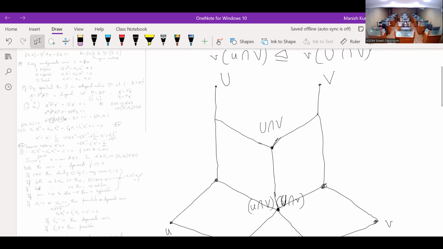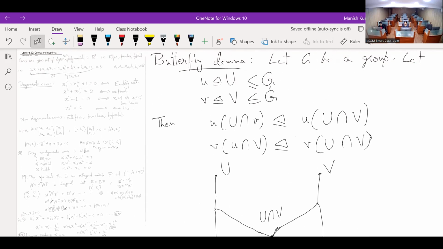Moreover, I guess I didn't write the main statement. The composition factors are the same, so the quotients are the same.